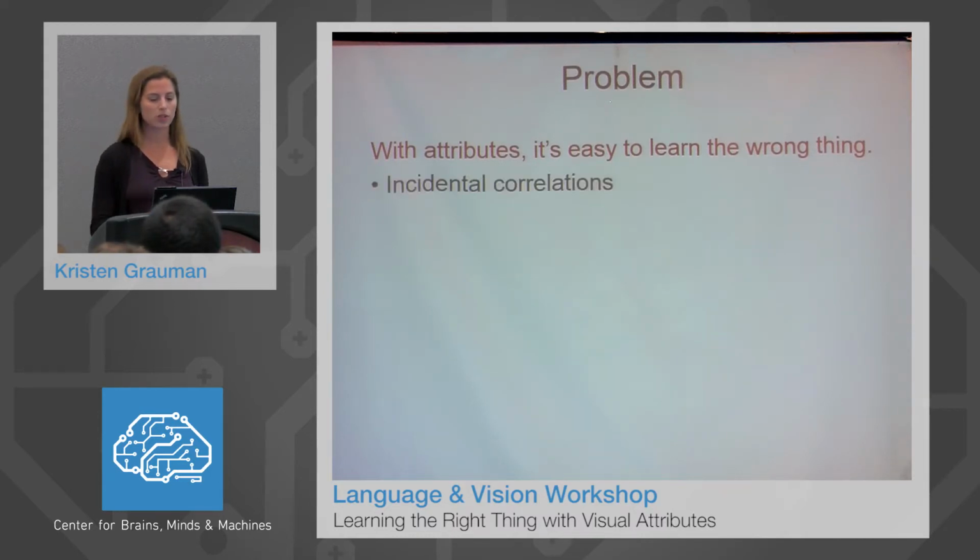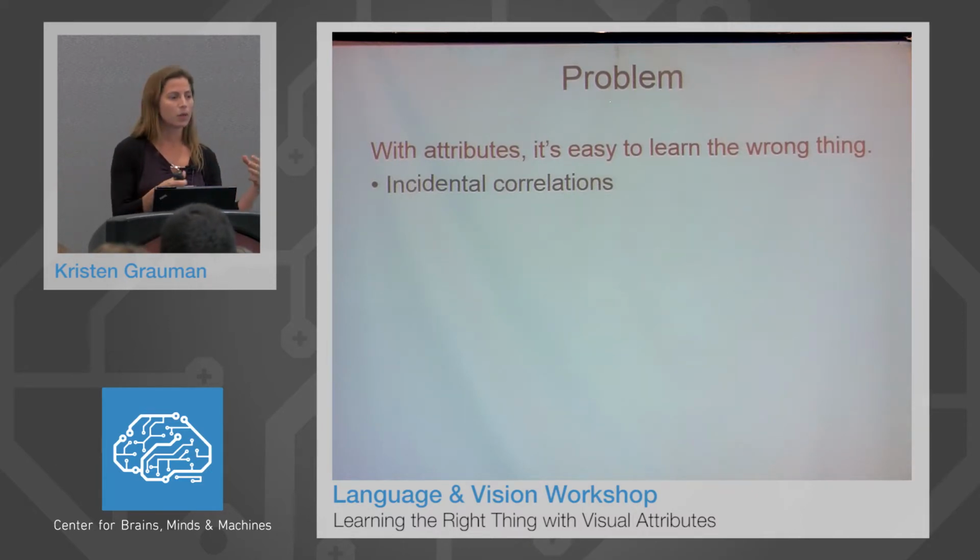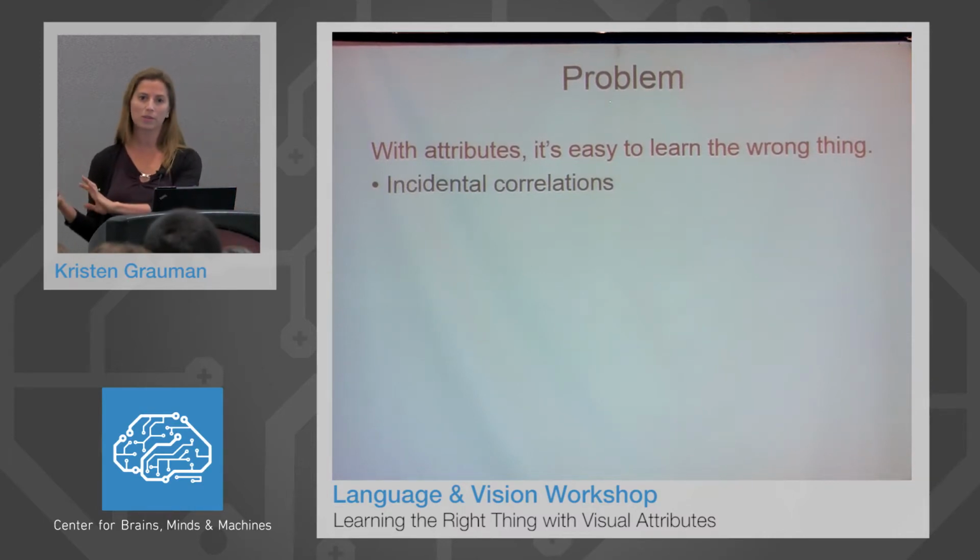Well, here are some issues. One, there are plenty of incidental correlations. Particularly since we care about attributes that transcend object and category boundaries, we might learn about attributes in a space where they're heavily correlated with one another for certain objects. But if we start worrying about other objects where those attributes exist, those correlation patterns may be broken.